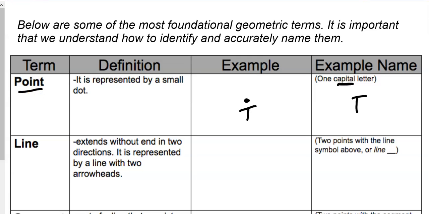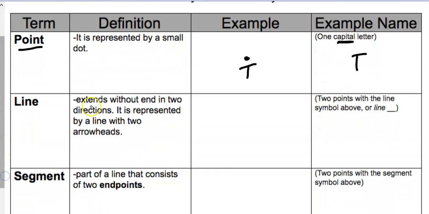Okay? So a line, talk about a line, this extends without end in both directions. Okay, so we would represent that using arrows on both ends that it goes through both directions. So again, this extends indefinitely to the left, it extends indefinitely to the right.